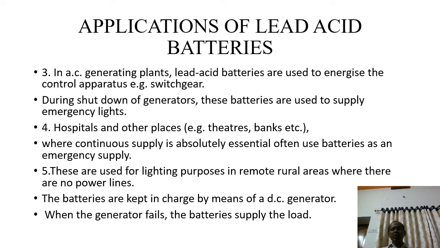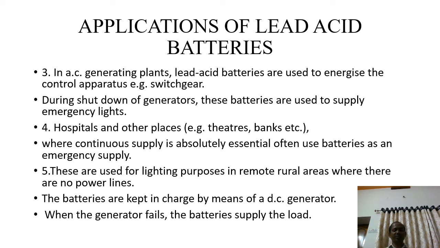These are used for lighting purposes in remote rural areas where there are no power lines. So these batteries play a major role when power is not available in rural areas. By using these batteries, they can provide lighting for the public in remote areas. Here, lead acid batteries are playing a major role and have very excellent applications.